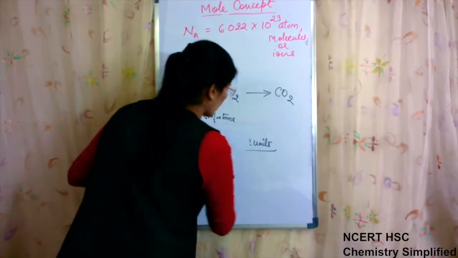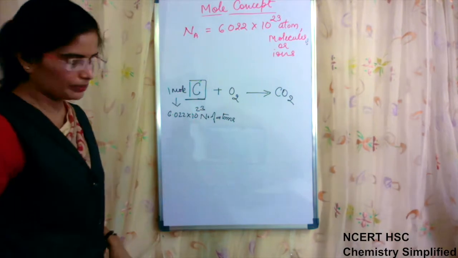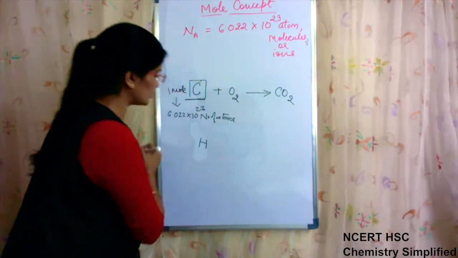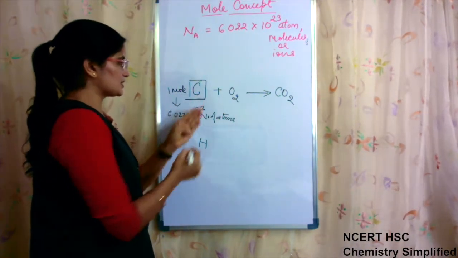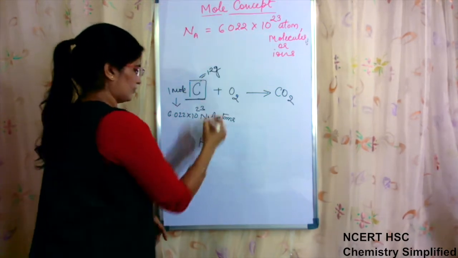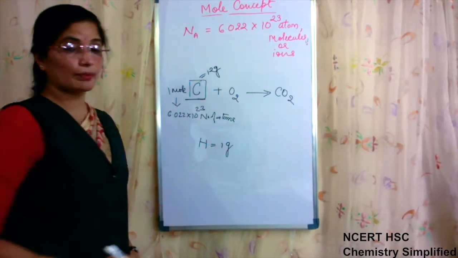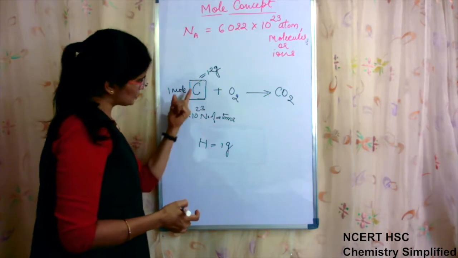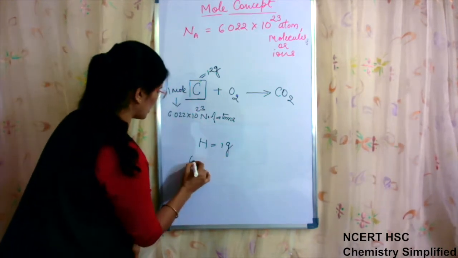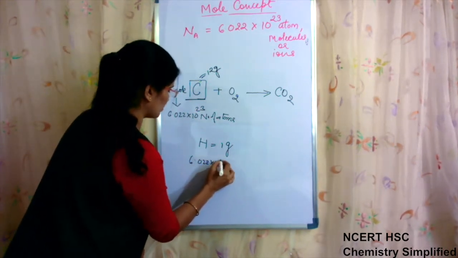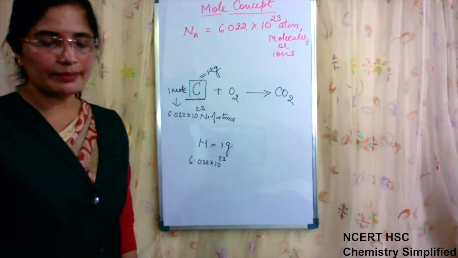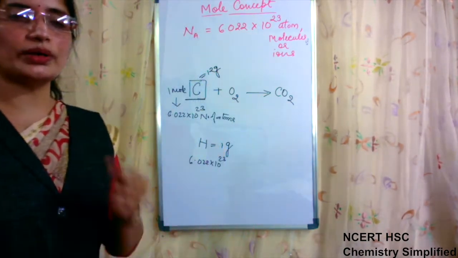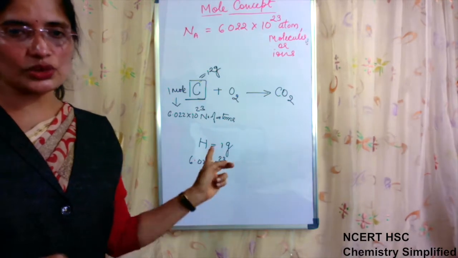Whether I talk about one carbon written on the board or I write hydrogen, the weight of carbon is 12 grams, the weight of hydrogen is 1 gram, but the number of atoms present in carbon and hydrogen both is 6.022 into 10 to the power 23. That means this number is going to be constant. Why is it constant?